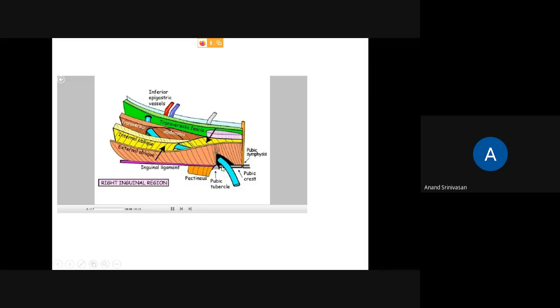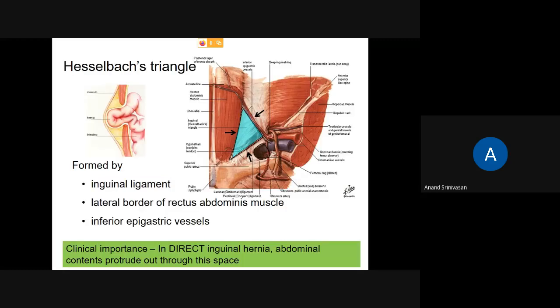If the swelling is not seen, it is an indirect hernia. If the swelling is seen even though you are compressing the deep inguinal ring, then it is a direct inguinal hernia.